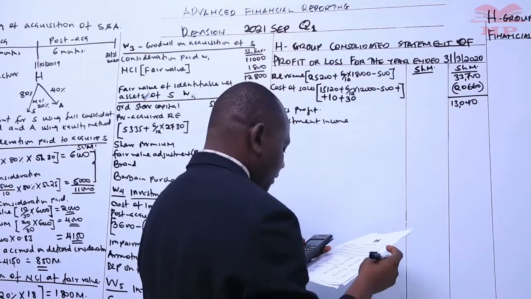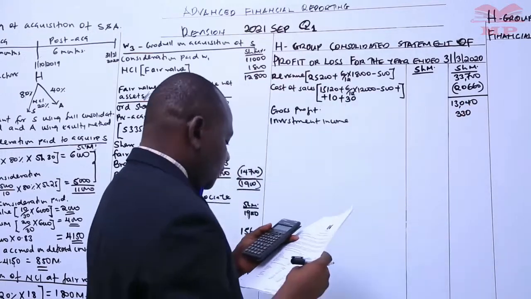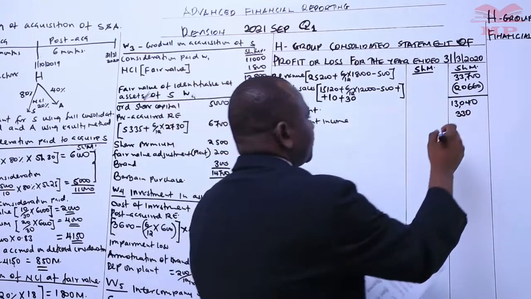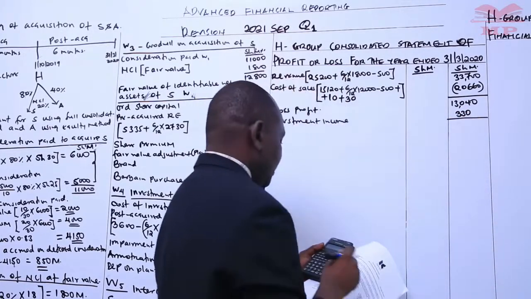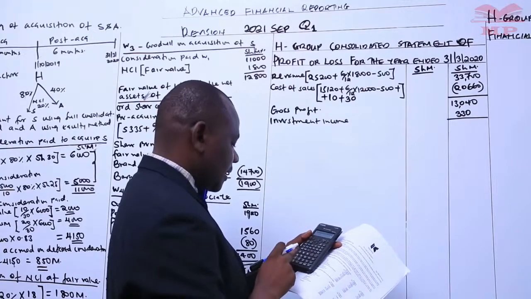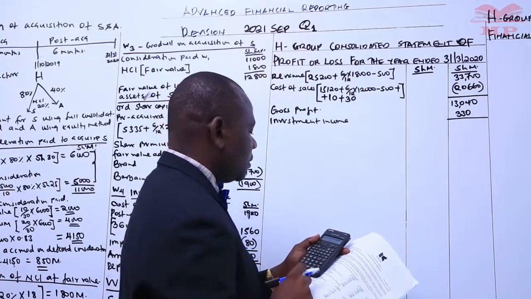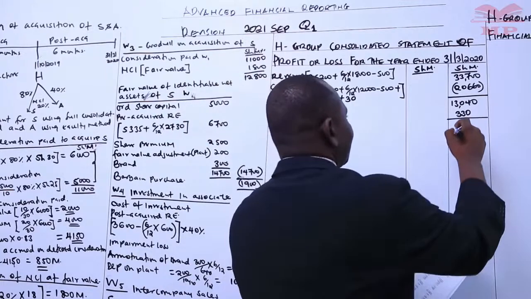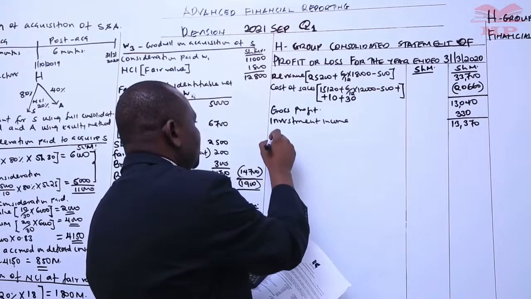Investment income you are given to be 330. So we add, these are intercompany dividends and interest gained by the parent from this acquisition. So 13,370. We compare this with operating costs.